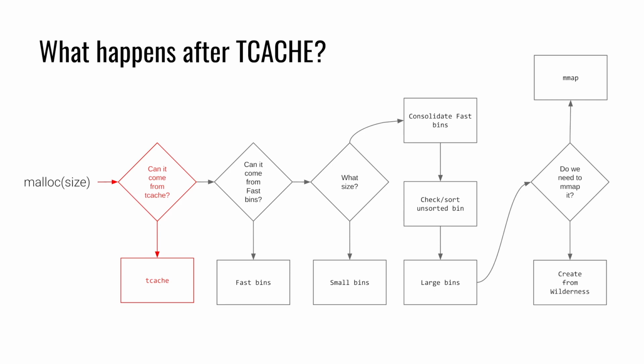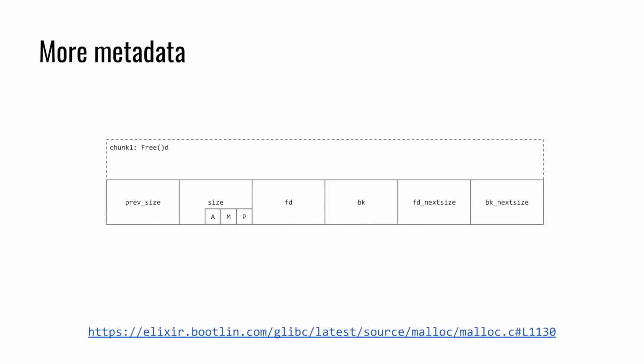So there's a lot more mechanisms going on once we look past TCACHE. In addition to all of these additional bins, there's more metadata in the freed chunks. We see here that in freed chunks that are not in TCACHE, we still have a previous size. We still have a size. We still have the A, M, and P flag values in the least significant bits of the size.